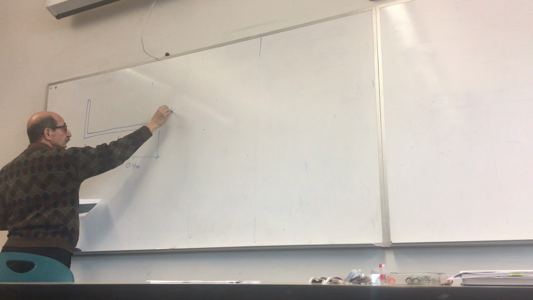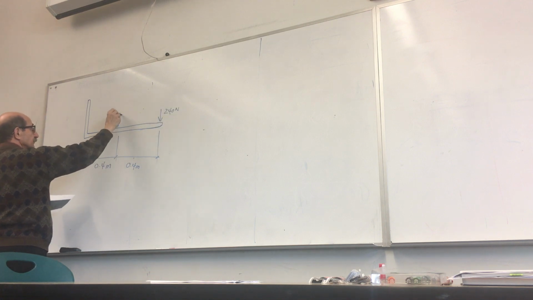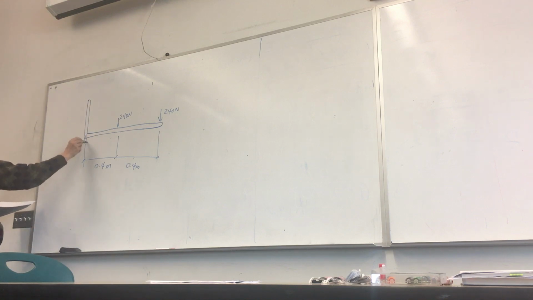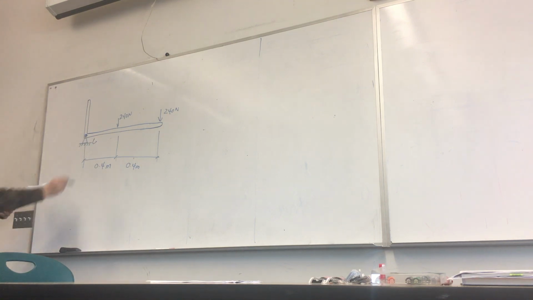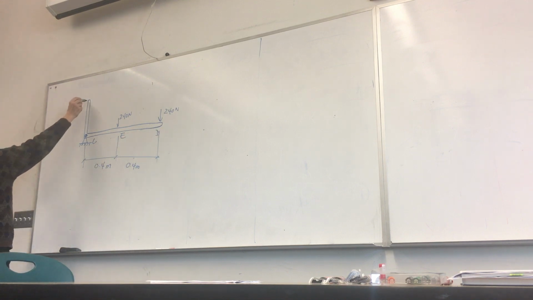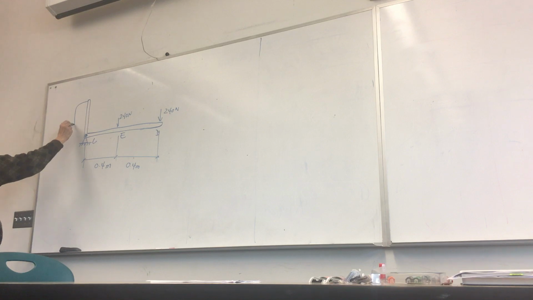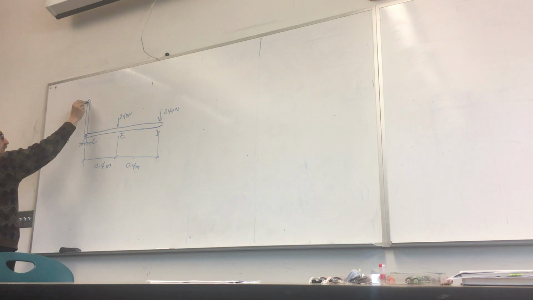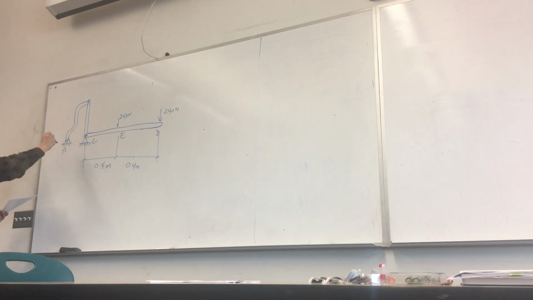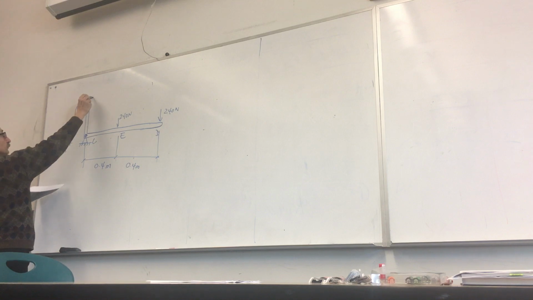Okay, so you have a structure that is subjected to these loads. It is connected at this point to a pin that is holding it in place, and then something like this is holding it in place at point A. So you wanted to find the, let's see, let me label these first.